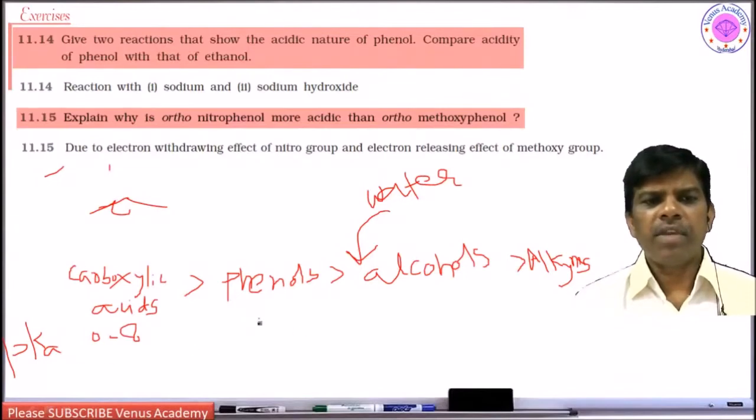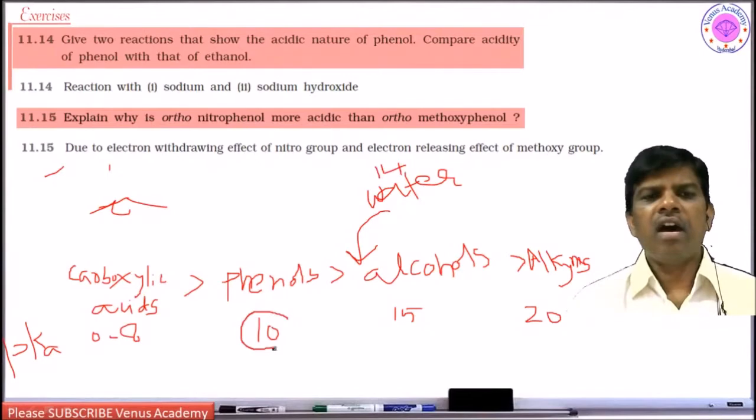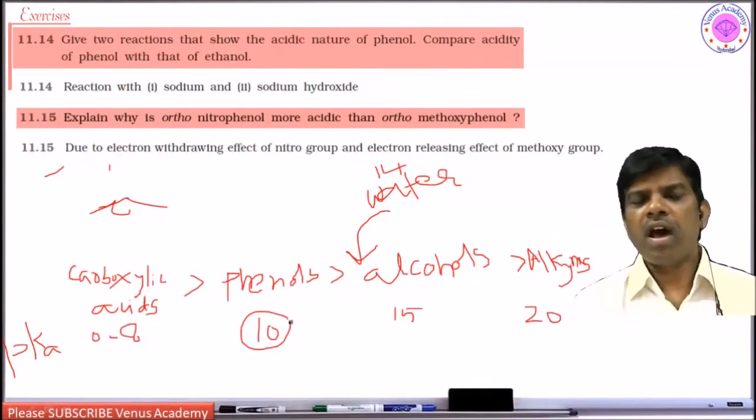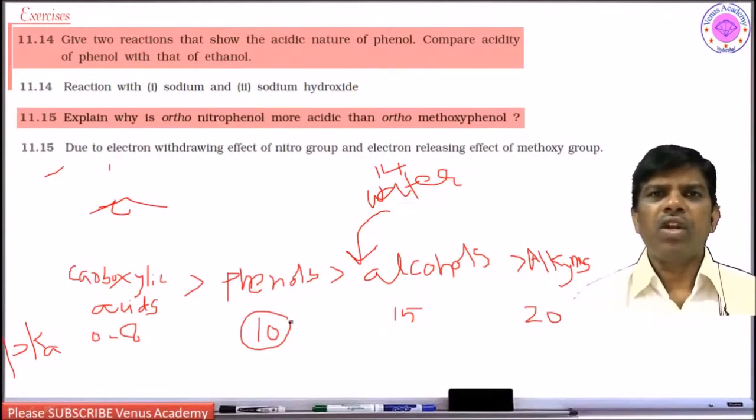So phenols' pKa value is around 10, and alcohols is around 15, and alkynes is around 20. And what is the pKa of water? It is 14. Yes students, so phenols are 10 pKa. If I substitute phenol with nitro group, and we have learned that electron withdrawing groups on phenol ring or benzene ring increase the acidity of phenols, and electron donating groups decrease the acidity of phenols.